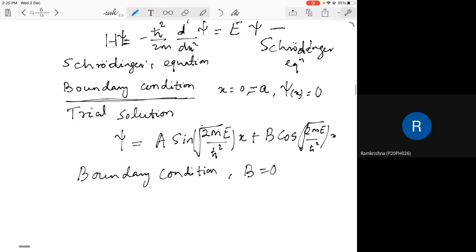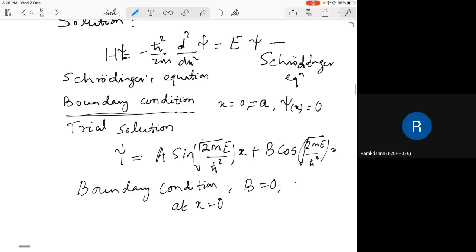So if you substitute this boundary condition at x equal to 0, you know what psi is, and you can substitute in this equation, and then you know what the value will be at x equal to 0.